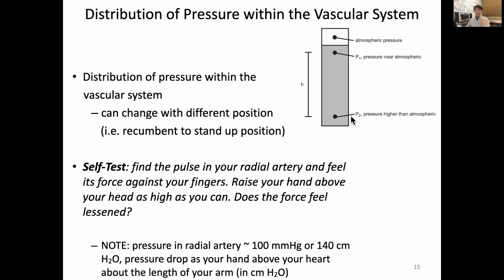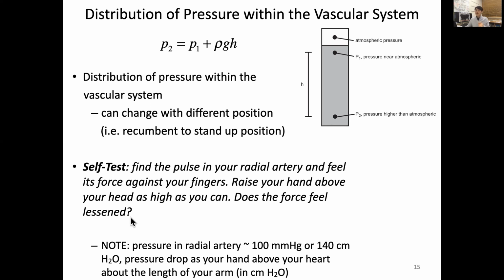From basic physics, say there's a water pipe, and there's atmospheric pressure near here, a pressure P1, and there's water or blood. Then at a distance H, the pressure P2 will be higher than P1 by the gravitational force. So P2 is P1 plus density times the gravitational constant g times the distance.